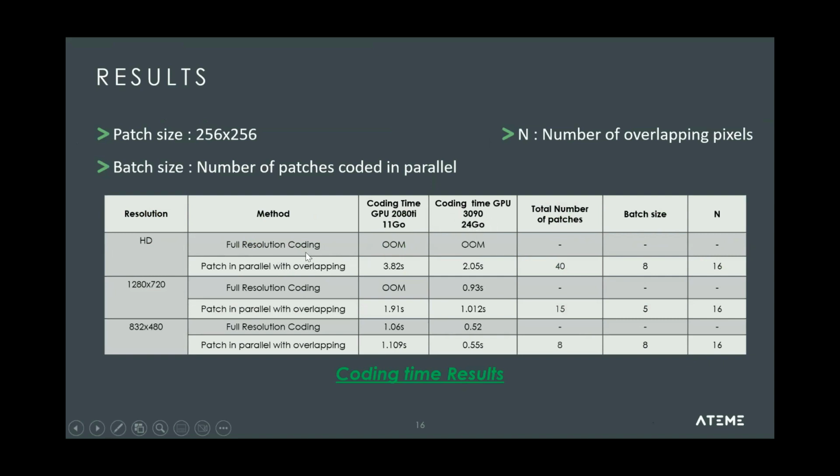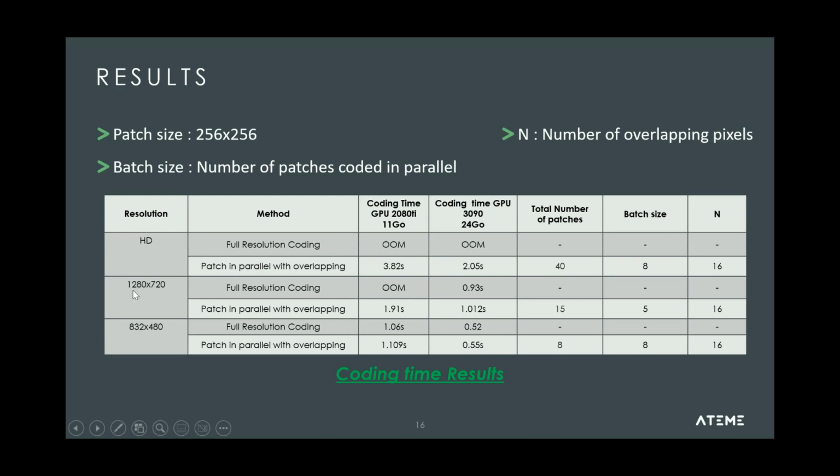And when we try to code an HD image on both those GPUs, we have out of memory errors, which means that we cannot do the coding on those GPUs, and with our method we can do that, using even parallelization to optimize the coding time. So for high resolution images such as HD, our method is necessary.